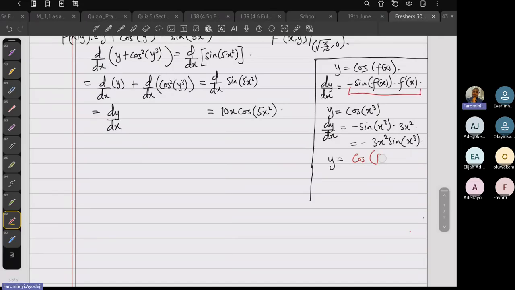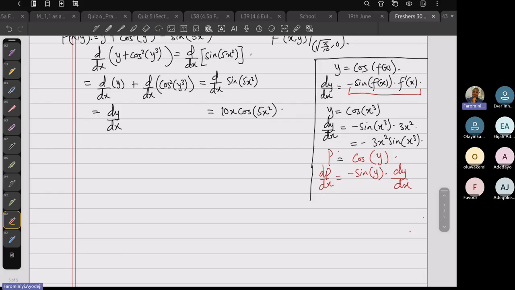If f of x is y, I cannot use y here, so let's say this is p. Then dp/dx is negative sine y times the derivative of y, which is dy/dx. So we are just using the chain rule all over again.